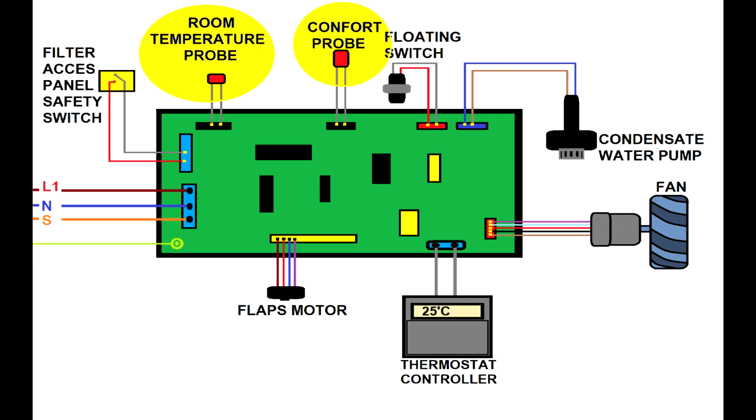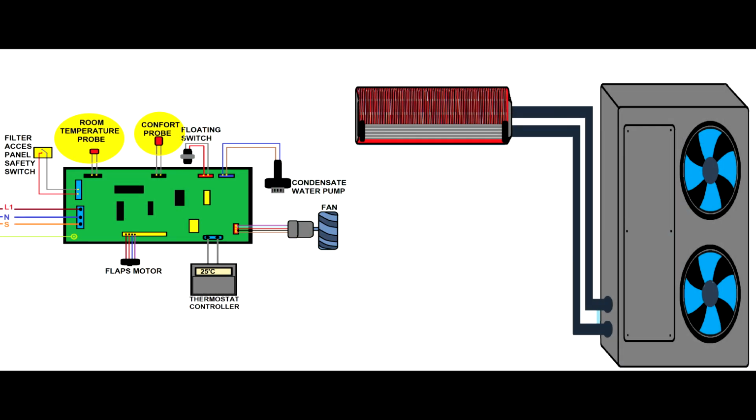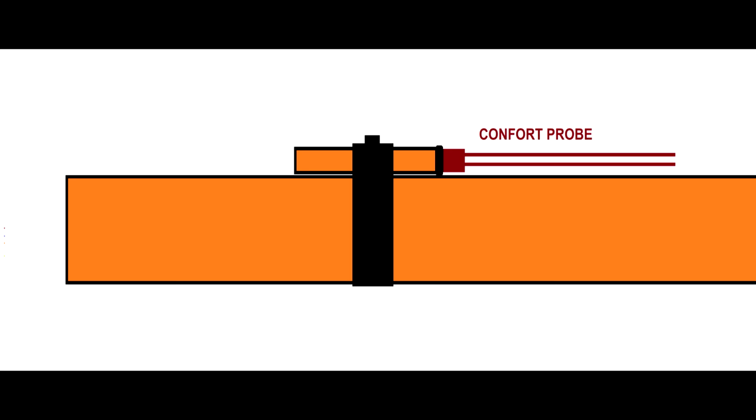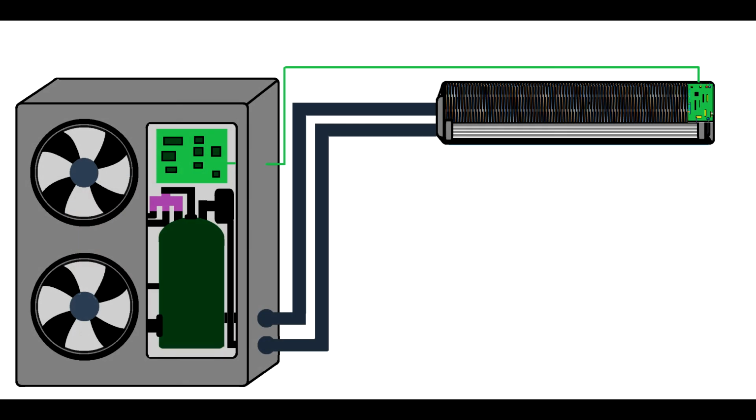Now, let's talk about the room temperature probe and the comfort probe. You guys know when you run the heat pump in heating mode, you have a comfort zone, and if you want the fan to run, the evaporator inside your home should be hot enough, otherwise the fan will not start. Normally that probe is fitted into the pipe in a kind of pocket like you see here.